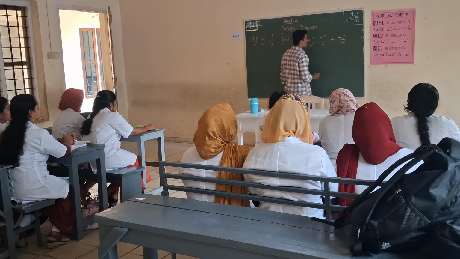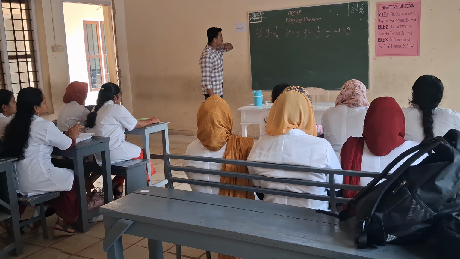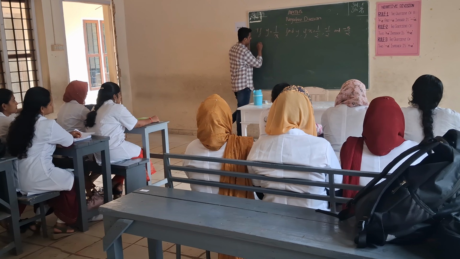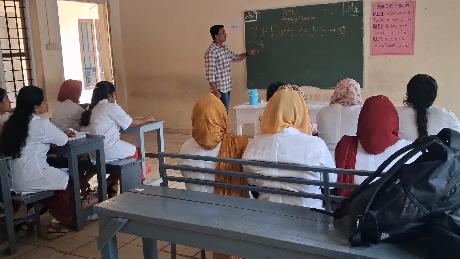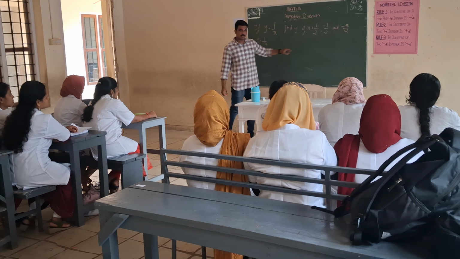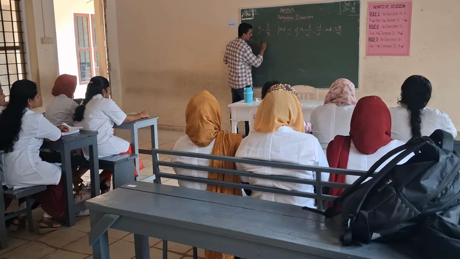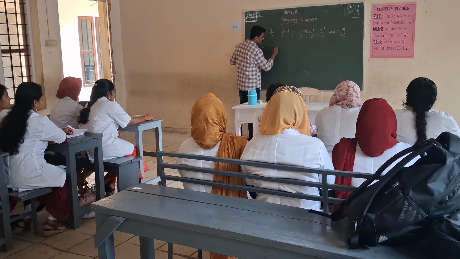You get the question, right? So the question is to find the value of y, and we have some values of x. To do this, we write the question first: y is equal to 1 by x. First, we shall substitute x as 1 by 2. Then it will become y is equal to 1 by 1 by 2.